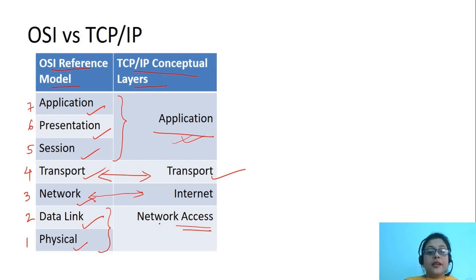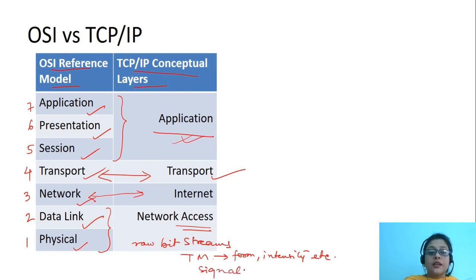So this network access layer performs the functionality of the physical layer in understanding the raw bit streams that are passed through the transmission media, and it maintains its form, intensity, etc. It mainly looks into the signaling structure of the bits.